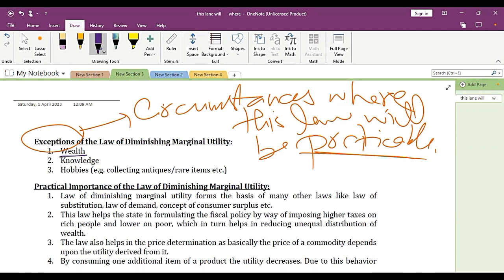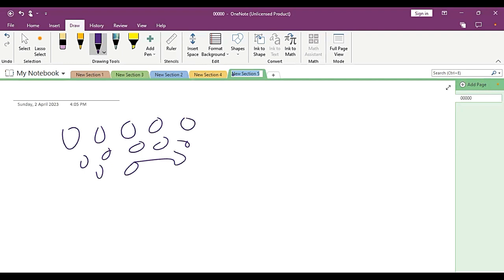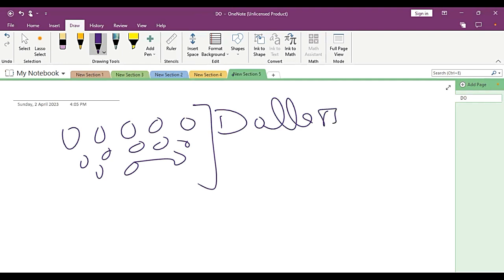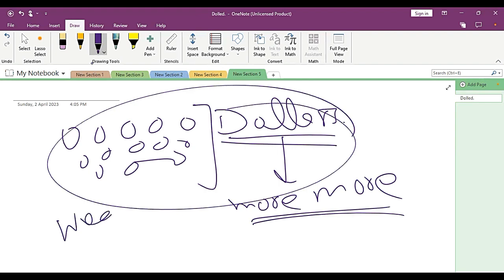So this law will not be applied to wealth, because any subsequent money the user obtains, money, coins, more and more dollars, will satisfy the consumer more and more. So the satisfaction from more and more wealth will increase. So this law will not be applicable to the concept of wealth.